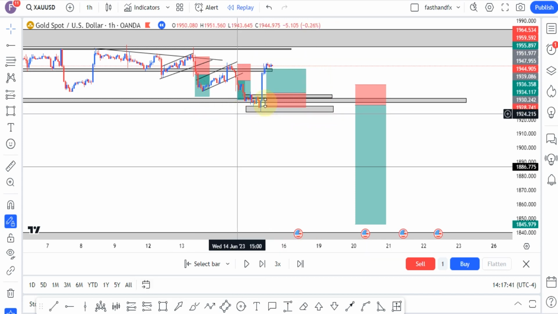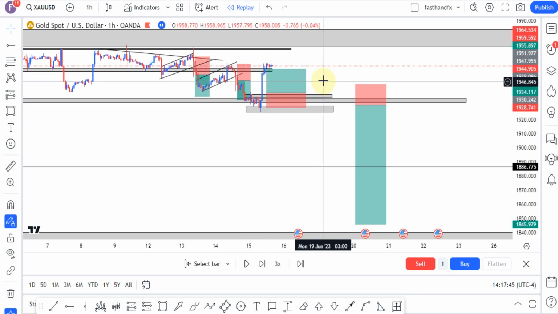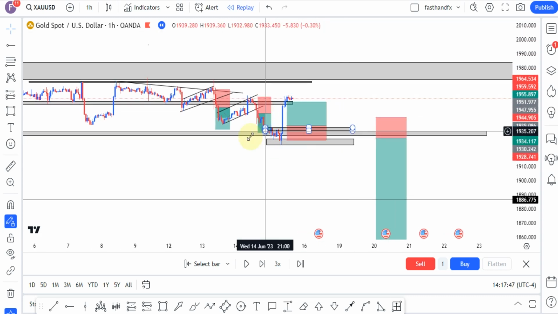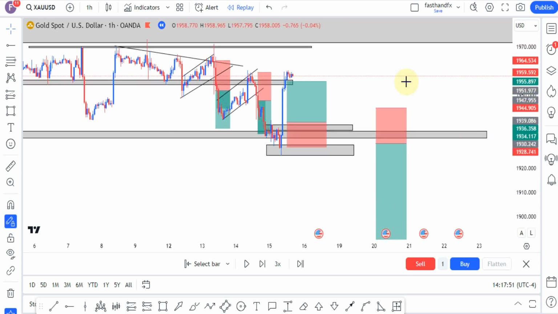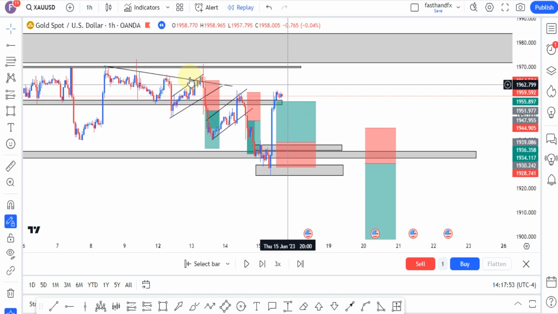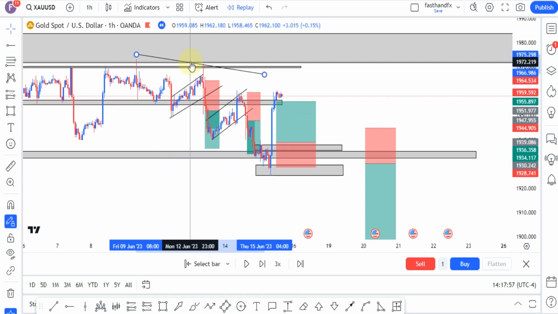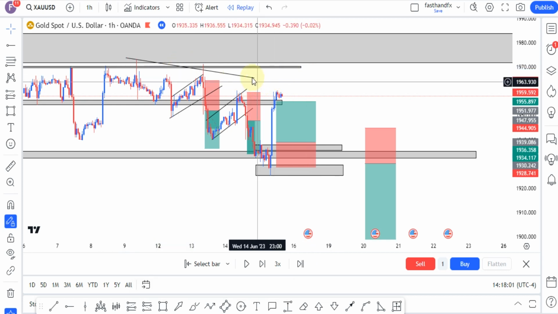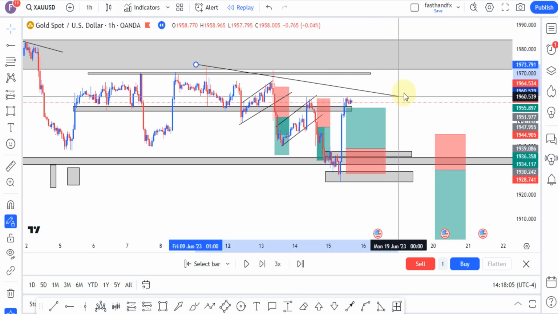It went all the way to our take profit, and let's see what happens, guys, because we're still on a downtrend. The market has not confirmed that it's going up. So let's see if the market continues giving us other opportunities to take our entries.